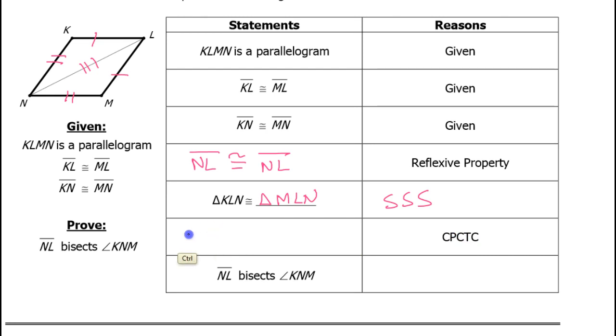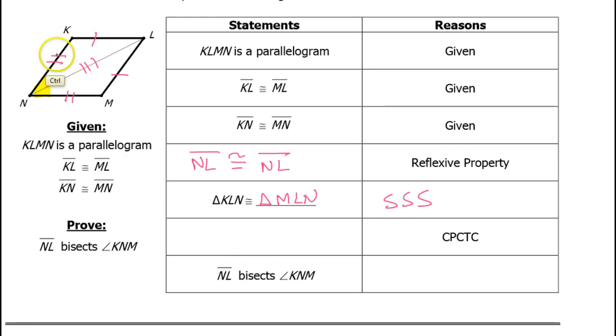That means there must be some corresponding parts that we're supposed to say are congruent right now. Well, if our goal is to show that this angle is being bisected, then each side of this angle must be congruent. So those must be the corresponding parts that we need.